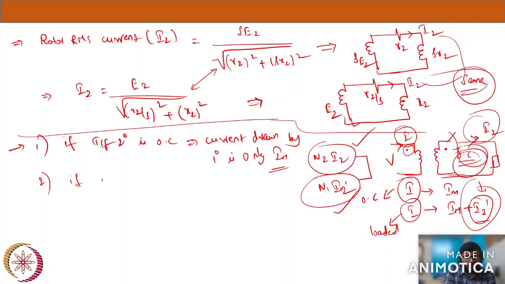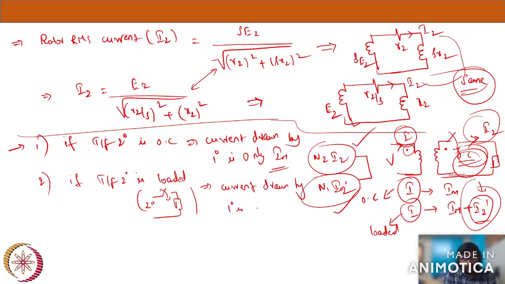If the transformer secondary is loaded, I mean you connected some load with the help of a switch, now the current drawn by the primary is IM plus I2 dash.